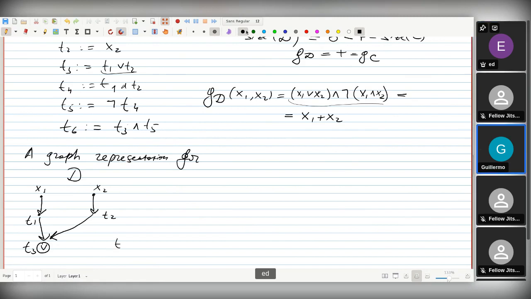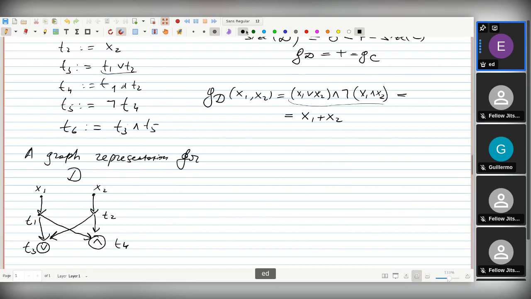Yes. Similarly, we can depict T4, this node, or as they say, logical gate, because now it is more and more similar to electric circuits.